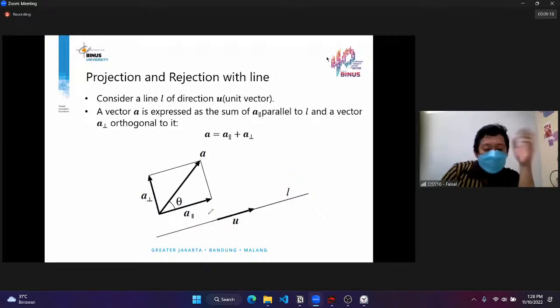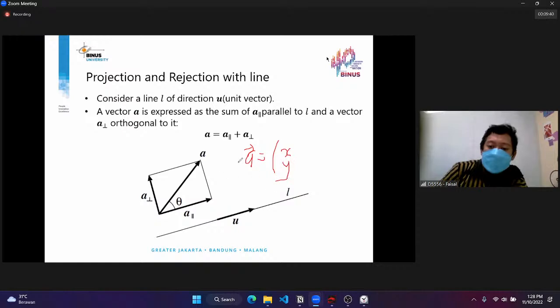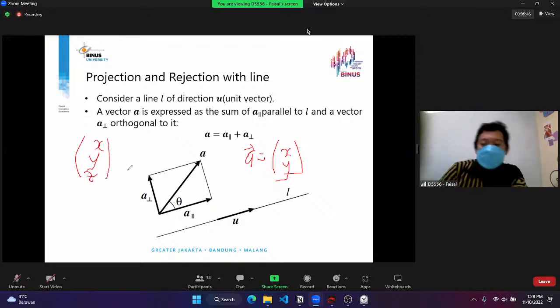So let A be any vector in a plane or in a space. A vector A can be (x, y) or it can be (x, y, z).